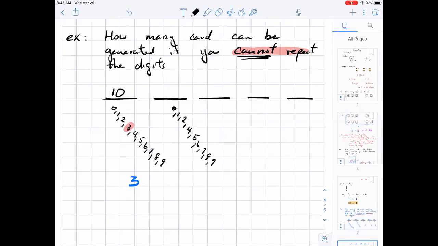So let's say this time around you've used 0. But notice that here I don't have 10 choices anymore. Here I have 10 choices, here I only have 9 choices. So this number becomes a 9. And the number we picked was 0.